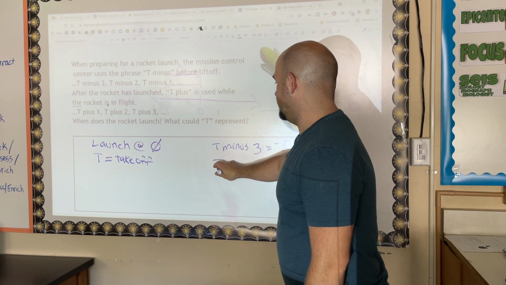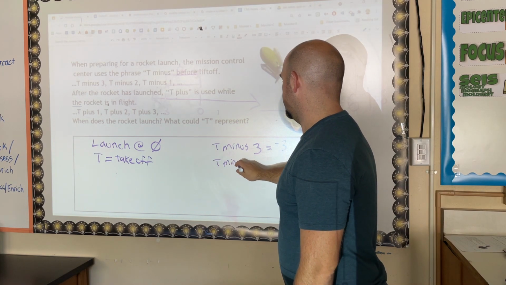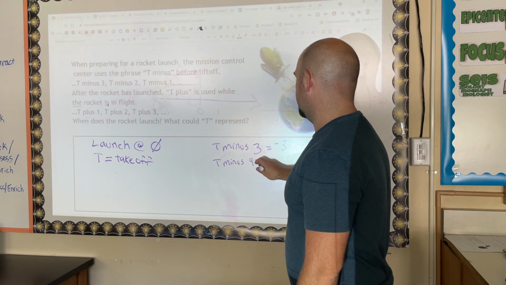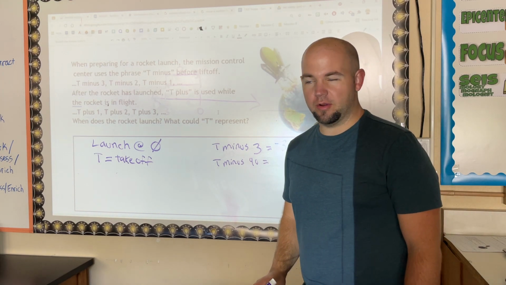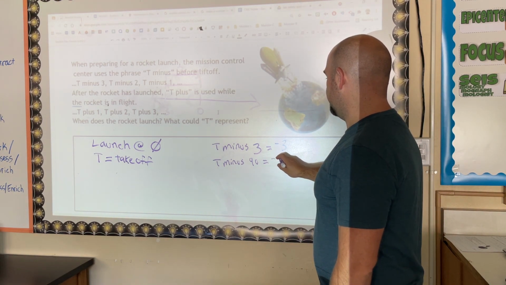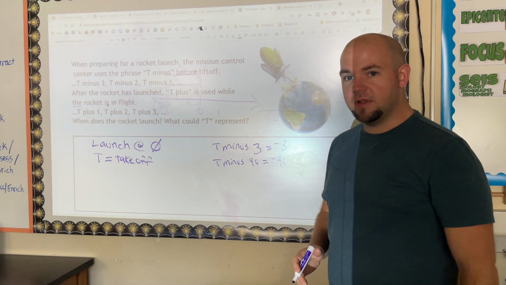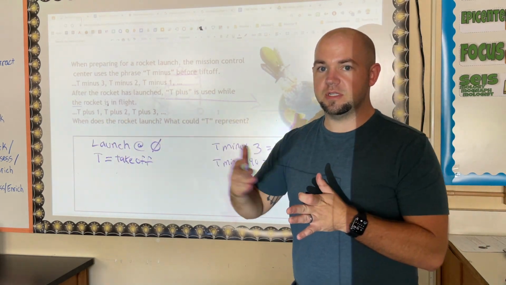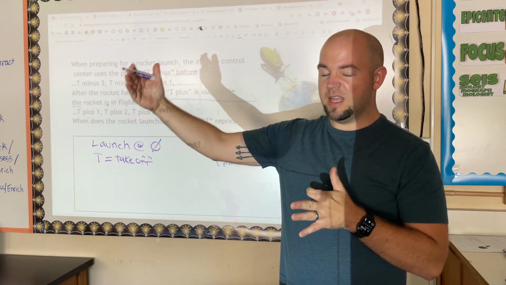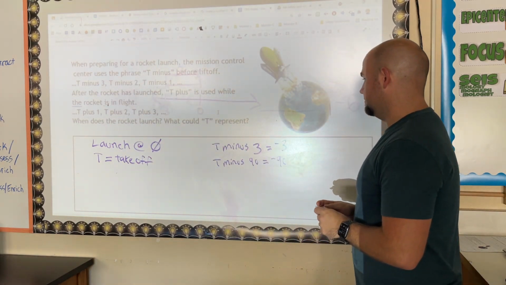If they were saying T minus 90, they would probably say 1 minute 30, but T minus 90, they're referring to the integer negative 90. They're 90 seconds away from 0 on a number line. That integer is negative 90.